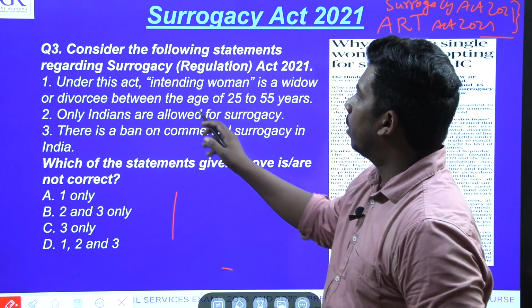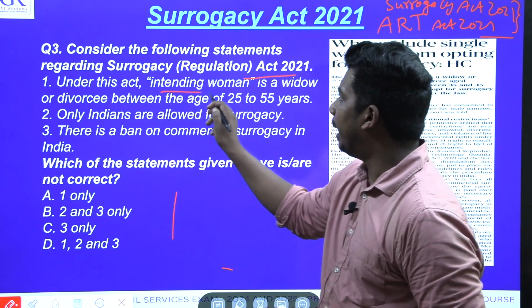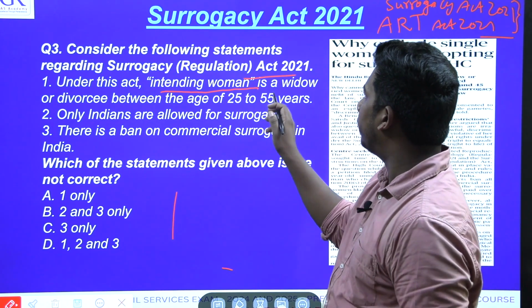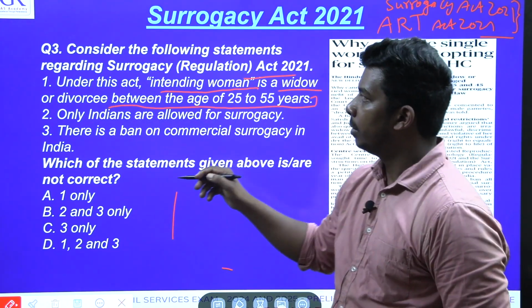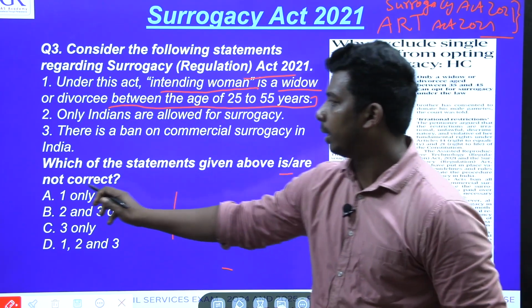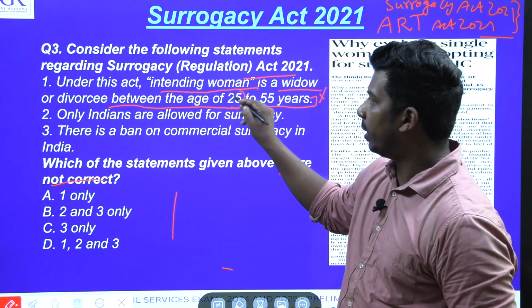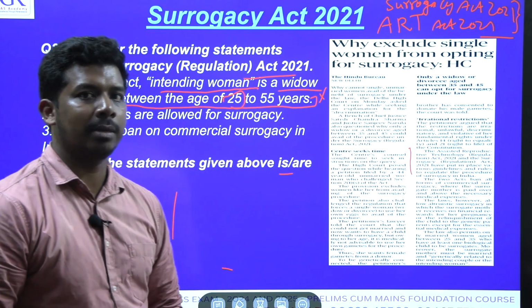Just see. Consider the following statements regarding the Surrogacy Act 2021. Under this act, the intending woman, that means the woman who wants to get the baby, is a widow or divorcee between the age of 25 to 55 years. This statement is not correct, because if she is 25 years of age, she can still have that baby, with higher chances of having that baby.